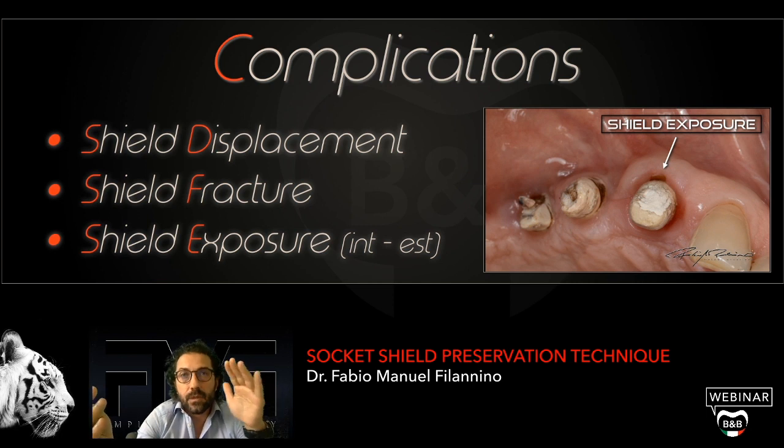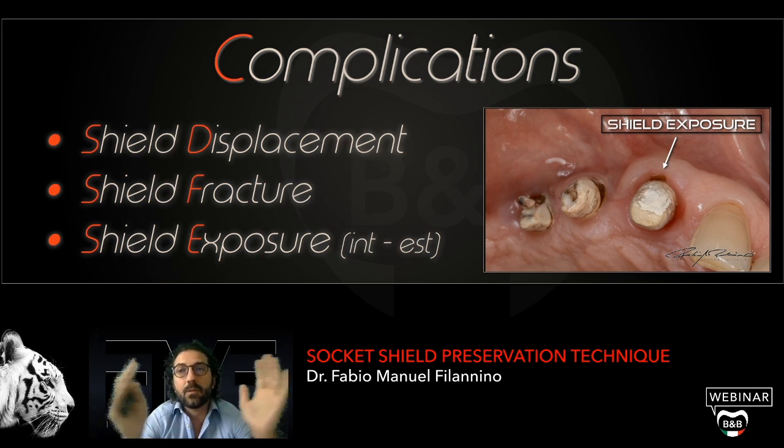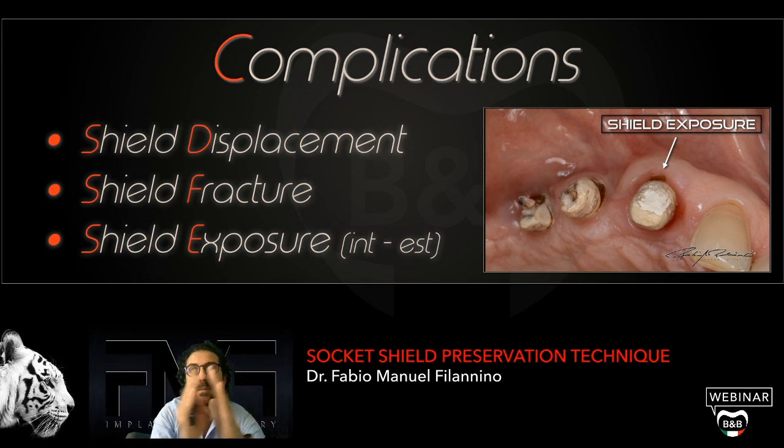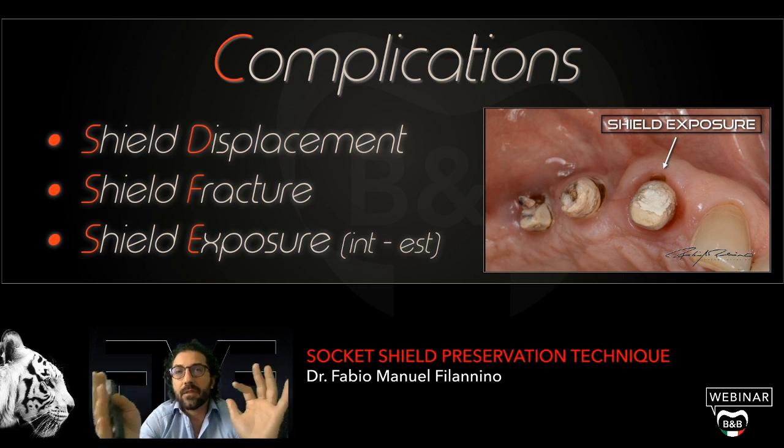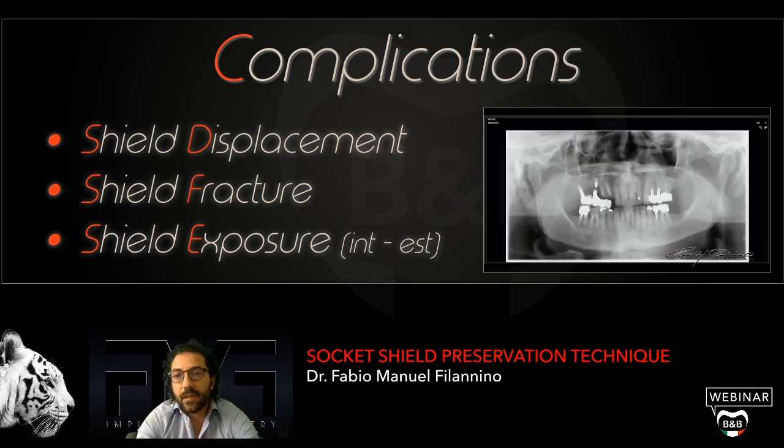But now that we trim the shield until the bone level, and maybe 0.5 lower with the bevel, and especially if we leave a space between the prosthetic element of the implant and the shield of minimum 1.5 or 2 millimeters to let the soft tissue heal in a better way, shield exposure is more rare.